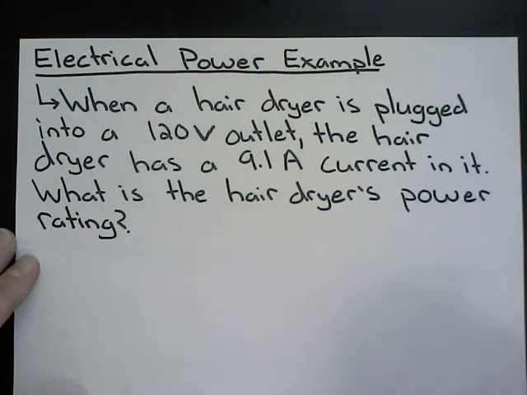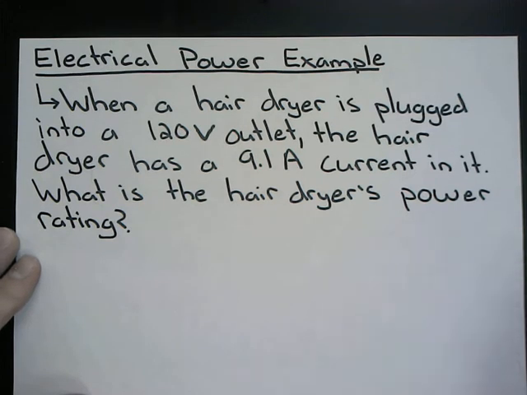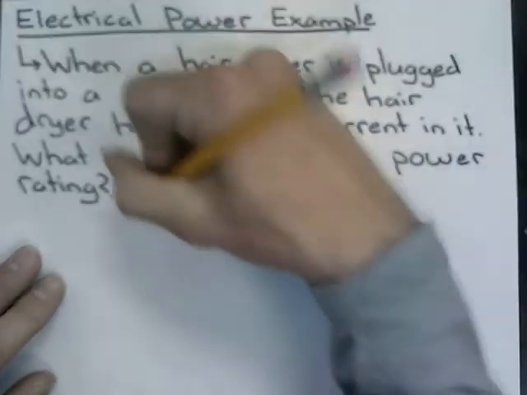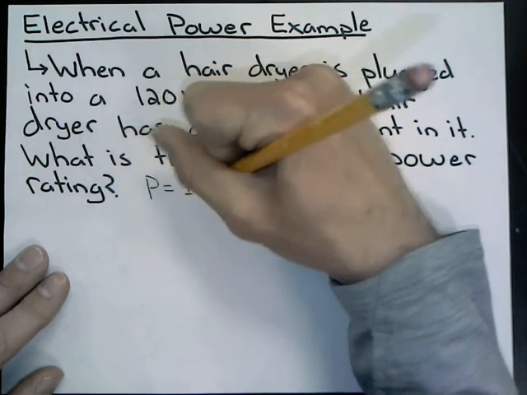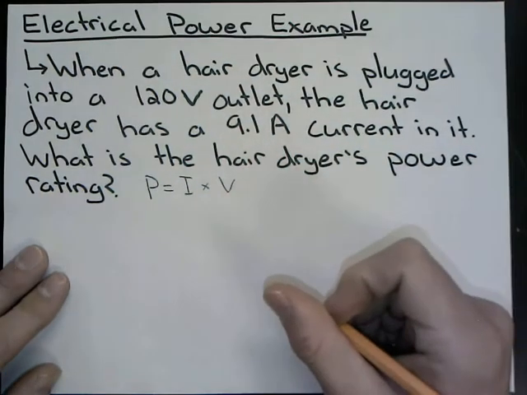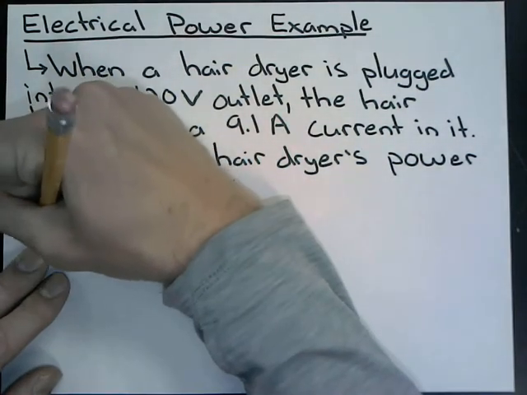If the hair dryer has 9.1 amps of current in it, we want to know what is the power rating of the hair dryer. Well, with our formulas, we write down what we have as our formula. So P equals I times V, and your P is your power.